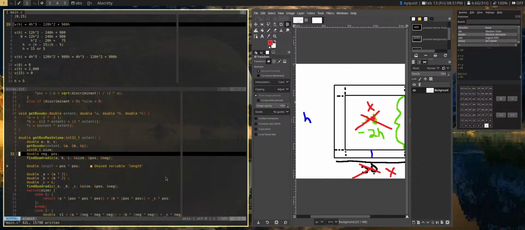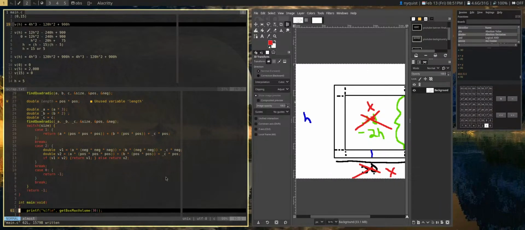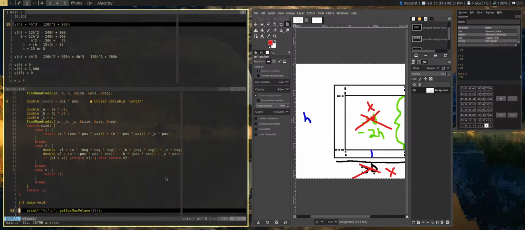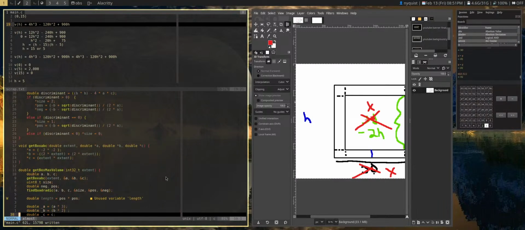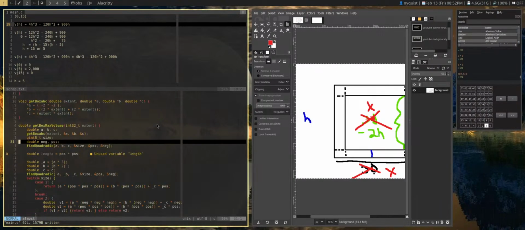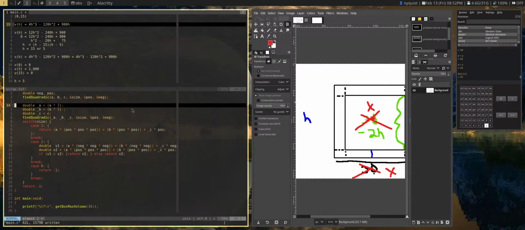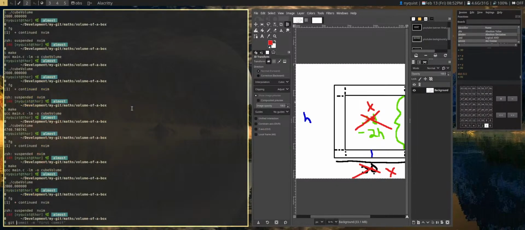But it does give you the right value for 30, but whether or not it actually gets you the right value for other numbers, I don't know.